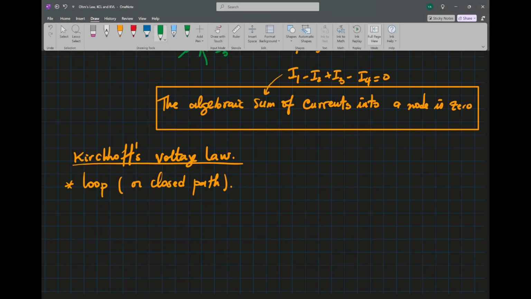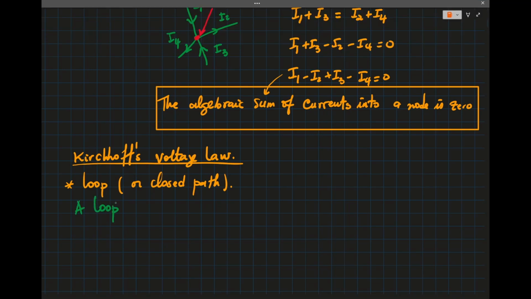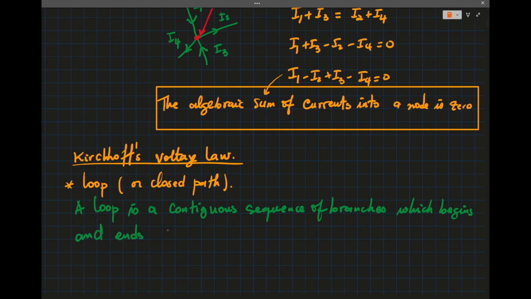A loop is a contiguous sequence of branches which begins and ends on the same node.